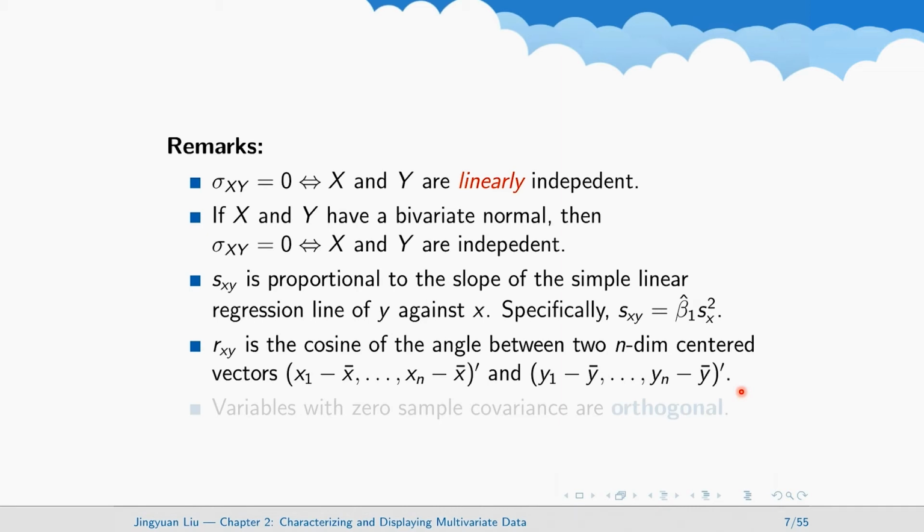Notice that this is happening in the n-dimensional sample space, not in the variable space. If r_xy equals 0, that means you have a 0 sample covariance, and we call the two variables orthogonal. Orthogonality just means the two variables are linearly independent.